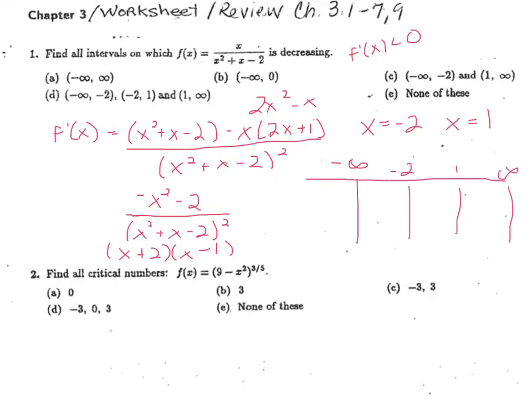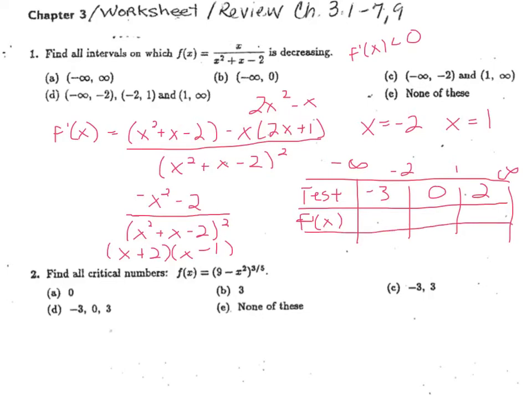So I'm just going to test some values. So first I'll test negative 3, and then I'll test 0, and then I'll test positive 2. And we'll plug them into our derivative.